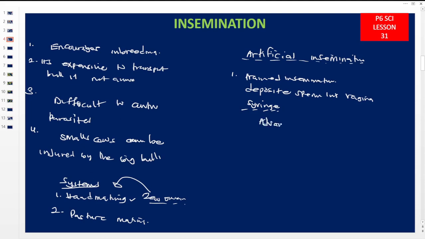So how advantageous is this? The advantages of artificial insemination are the disadvantages of natural insemination. One, it controls venereal diseases, because this doctor doesn't have ticks.